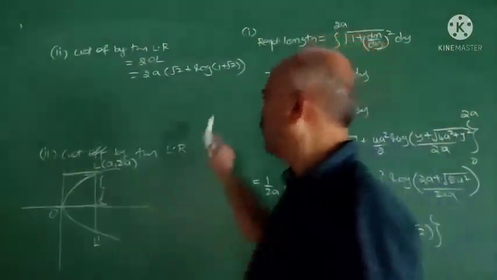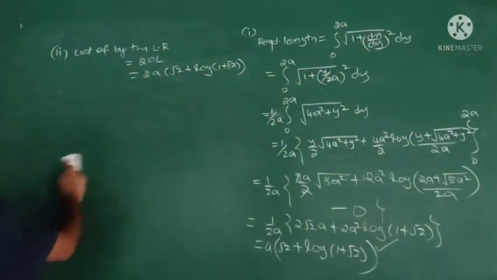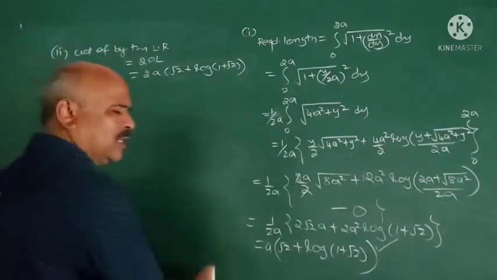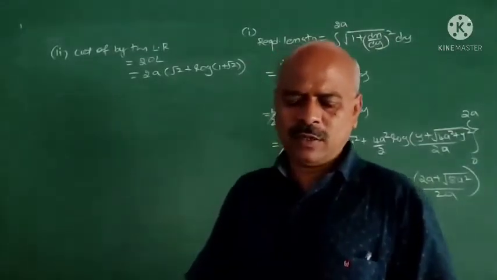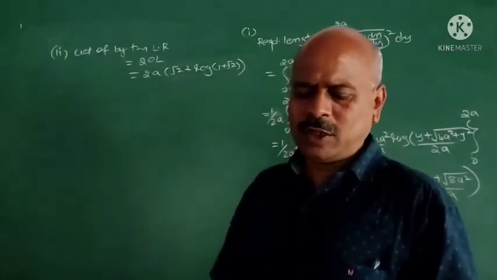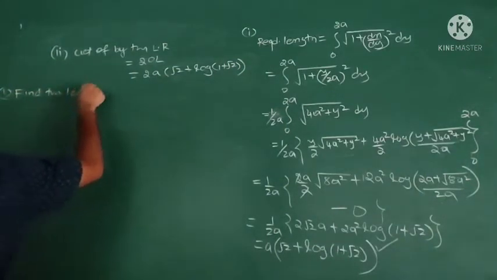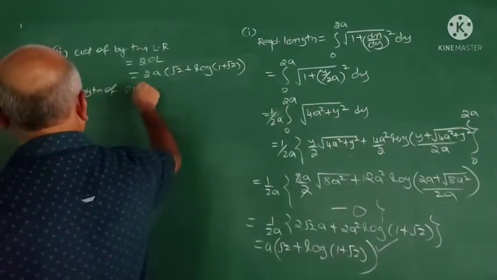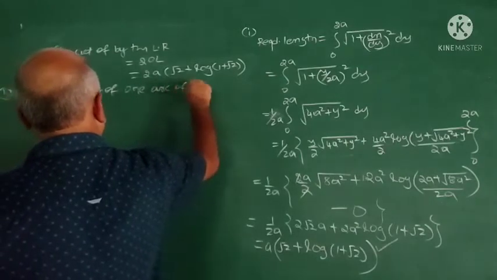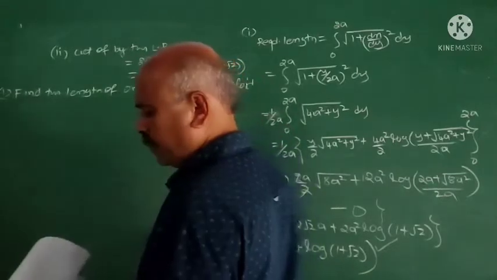Now I go to the parametric curves. In the parametric curves, important curves are cycloids. And of the 4 cycloids, you have to remember the shape. Already explained that one. The problem is, first one, find the length of one arc of the cycloid.